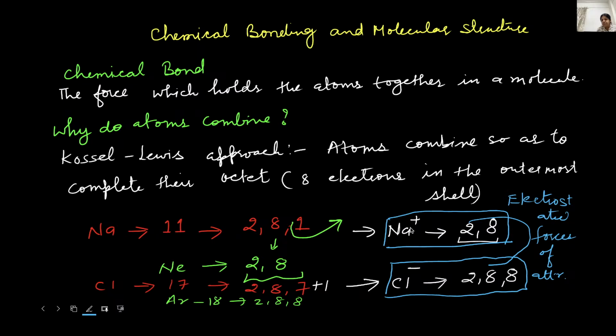These are positively and negatively charged ions, and they are forming the bond with the help of ionic bond or electrostatic forces of attraction. Students, the molecule formed here is a type of ionic bond. There is a formation of ionic bond between Na positive and Cl negative, isn't it? Can we see this, students?